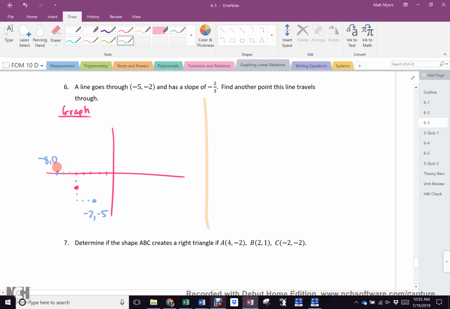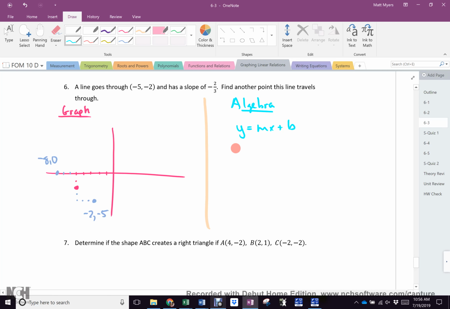I expect most of you have one of those 2, because I would like to think you would have looked at this and realized graphing it was the better way to go. But if you didn't, you could have done this with algebra. You know that y equals mx plus b.